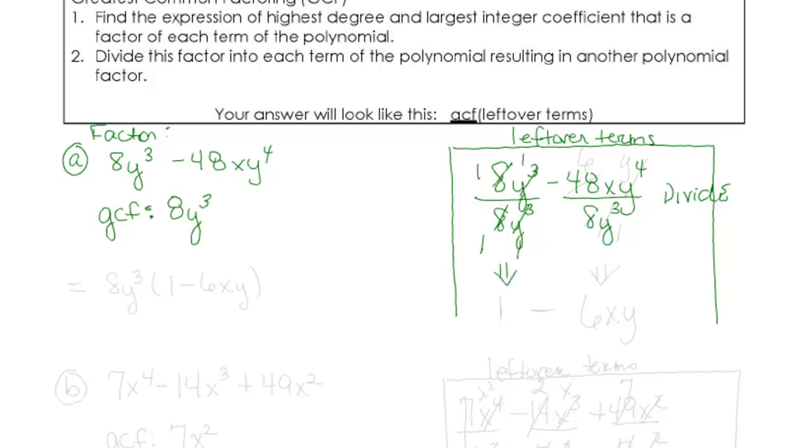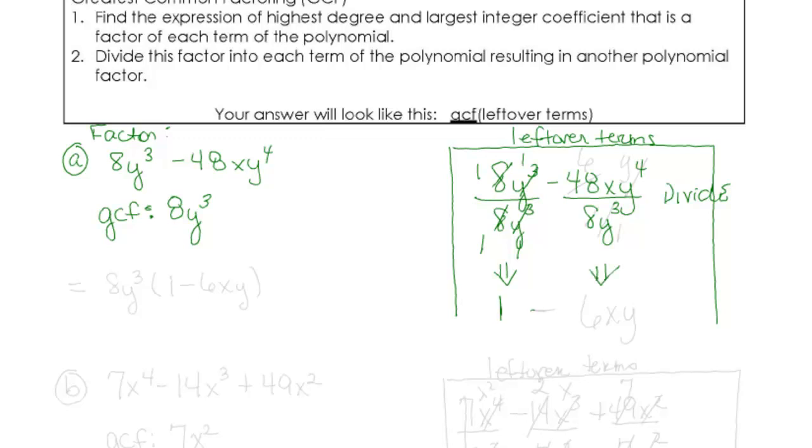Let me say this: the number of terms your question starts with should be the number of terms inside your parentheses. You can't say it's nothing. 8y cubed over 8y cubed is not nothing. It reduces to 1. We start off with 2 terms, so what I write in my parentheses should also have 2 terms. So this is going to be 1.